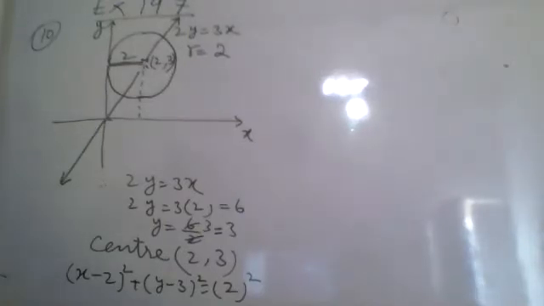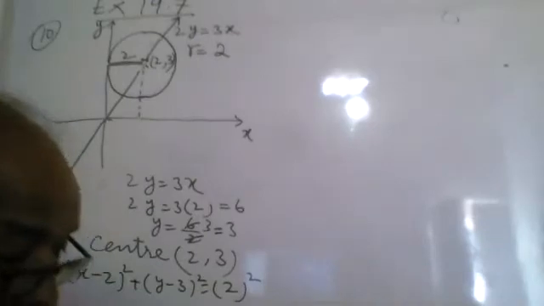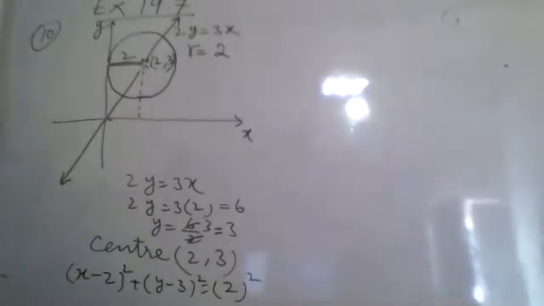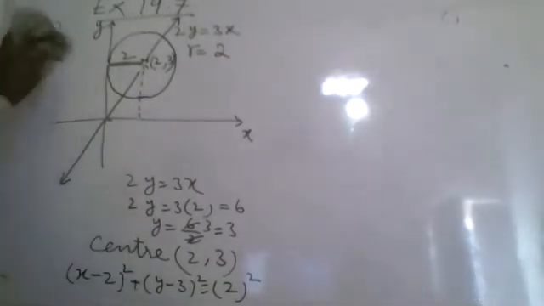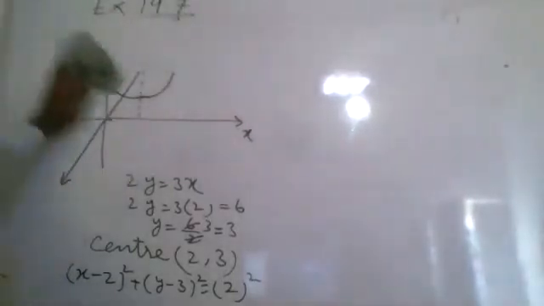The standard form means x square plus y square plus 2gx plus 2hy plus c equal to 0, so x square and y square have coefficient 1.